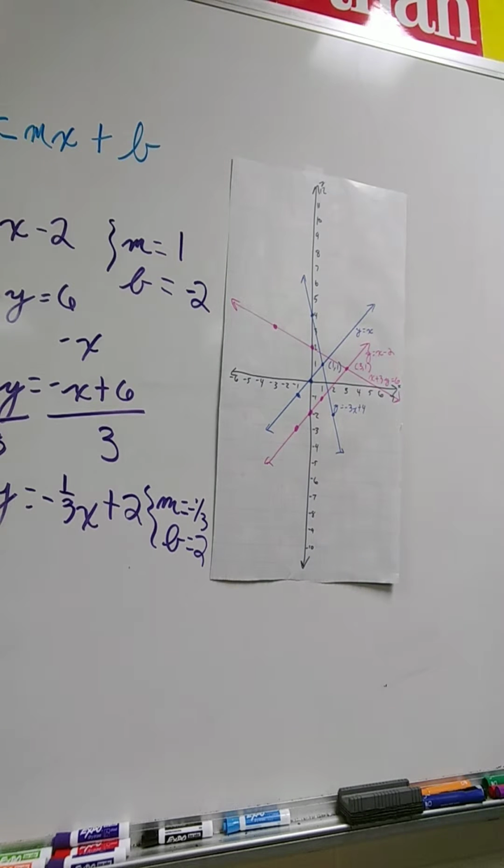Anybody agree or disagree with him? I disagree. You disagree? Unless they're parallel, they're always going to intersect. So I have someone saying that they disagree unless the two lines would be parallel. Okay. Anybody else? What was the question?